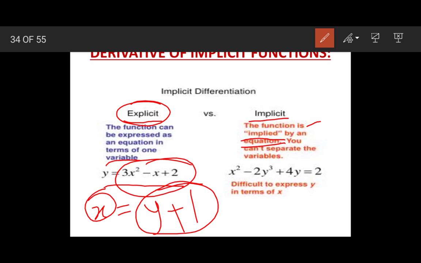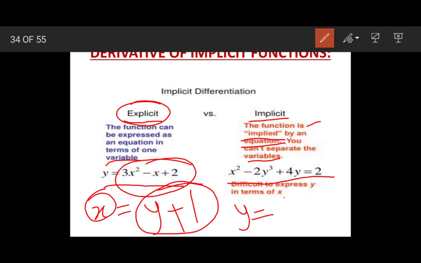Implicit function: the function is implied by an equation. You can't separate the variables. See here, you can't separate x and y, right? You can't write x only in terms of y or y only in terms of x. If both the variables are mixed, then that type of function is known as an implicit function.